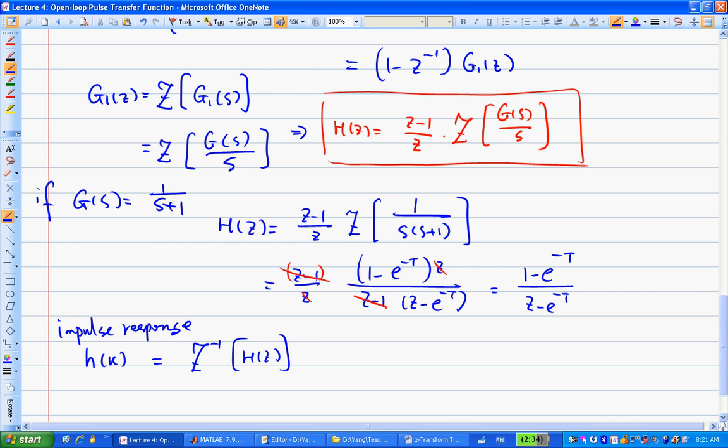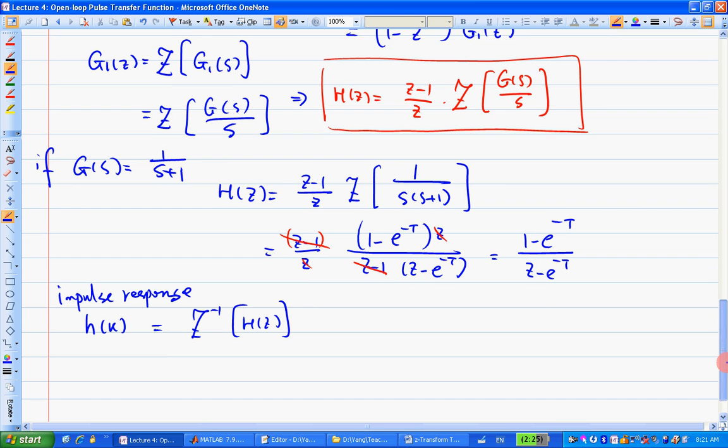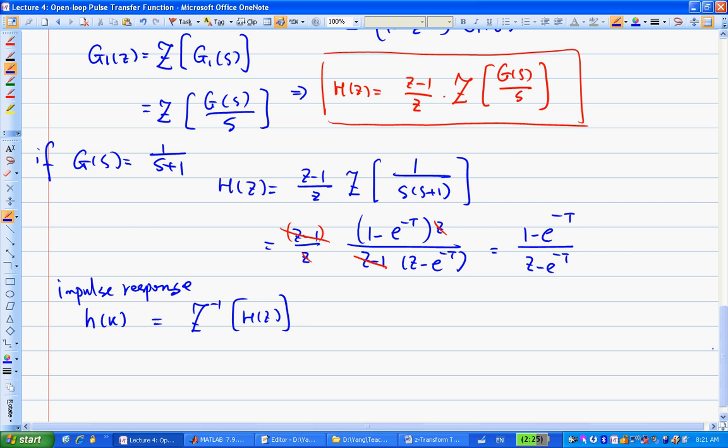So how do we know that? That's a question we'll deal with in more detail later, but I mentioned it slightly here. Just like the continuous time system, where you look at the poles of S, here you look at the poles of this denominator too. The location of the poles determines the stability of the system.